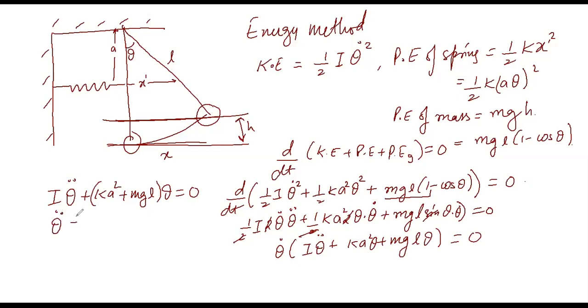Then theta double dot plus (k a square plus mgl) by I into theta is equal to 0. So this is your natural frequency of this system.